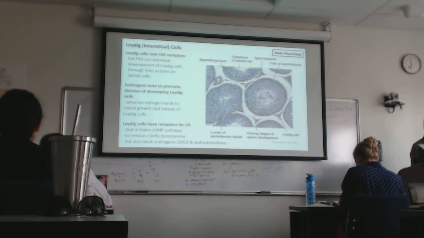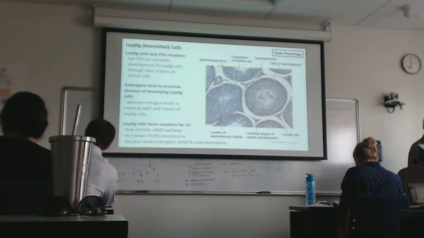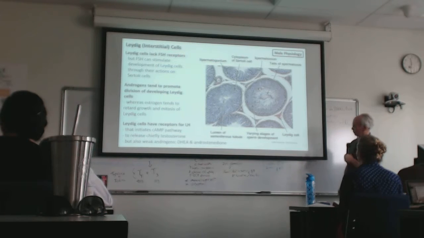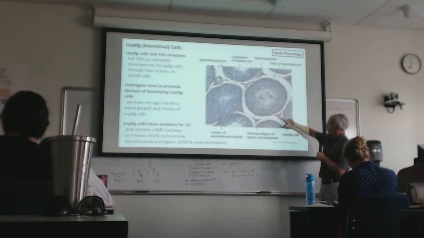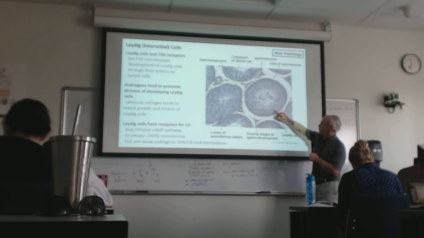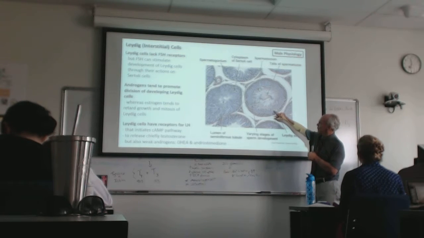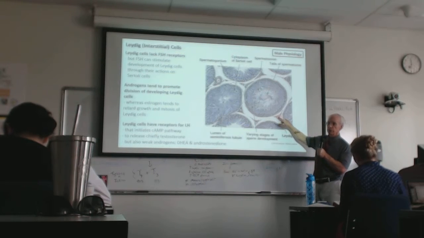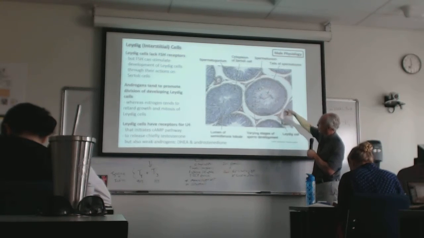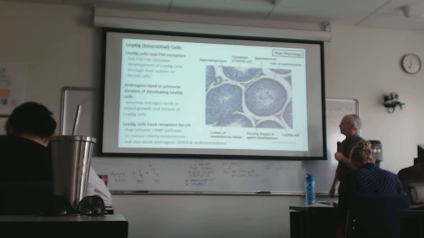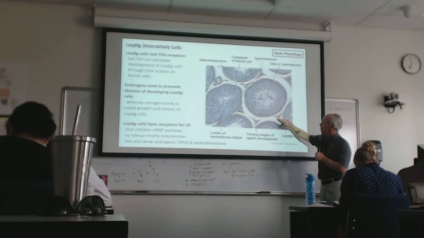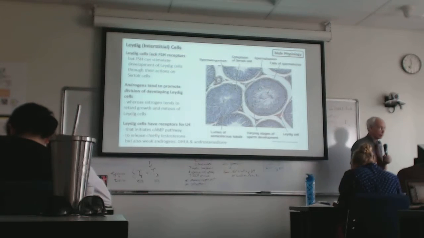But outside that seminiferous tubule, there are some other cells called Leydig cells that are going to play an important role in our story. Whereas Sertoli cells are called mother cells or sustentacular cells, Leydig cells are called interstitial cells because they're outside the perimeter of the seminiferous tubule, and oftentimes they're in the company of an extensive network of blood vessels.